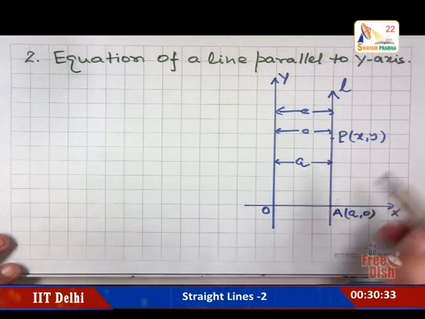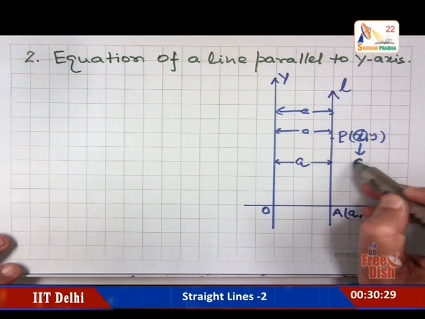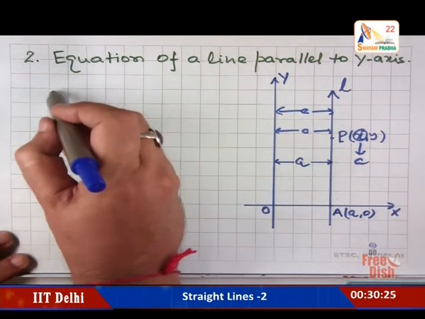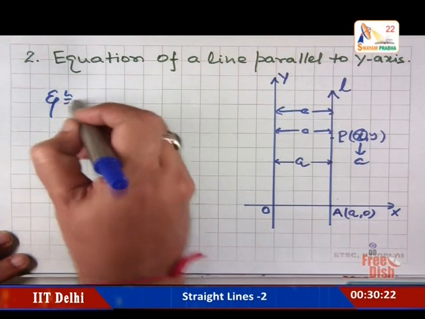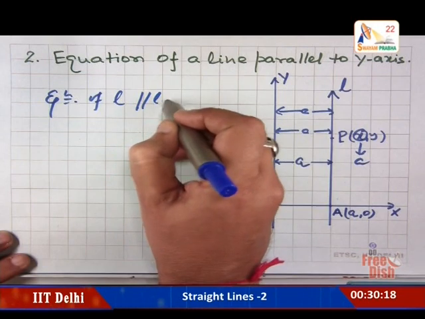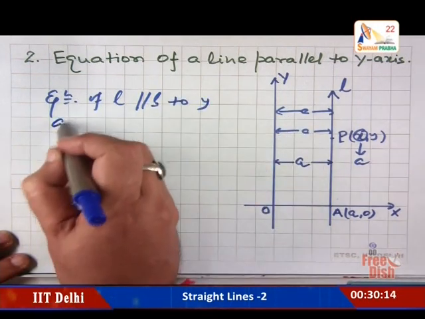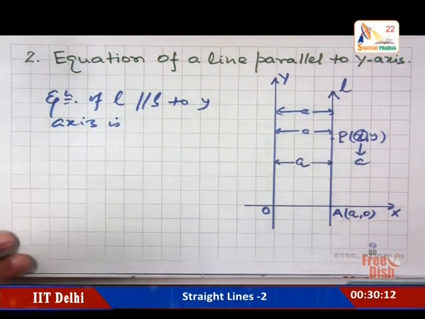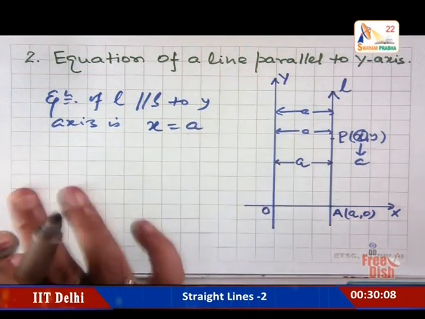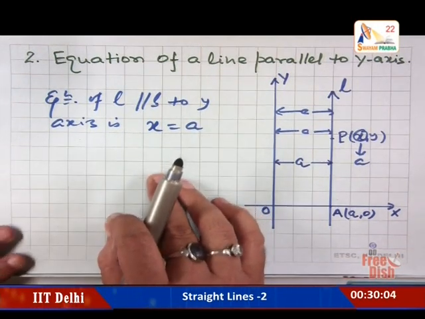It means the value of x is fixed here. So the equation of L parallel to the y-axis is x equal to a. This condition will give the equation of line L.